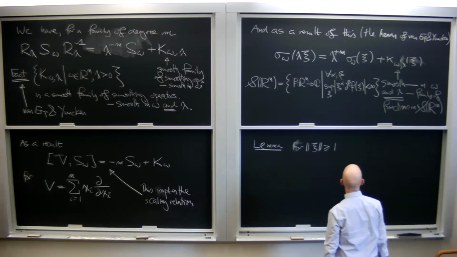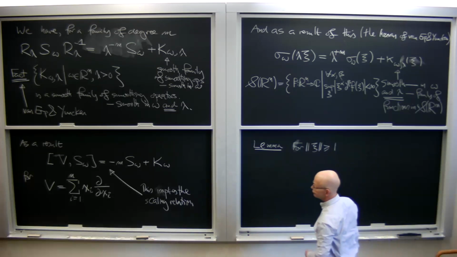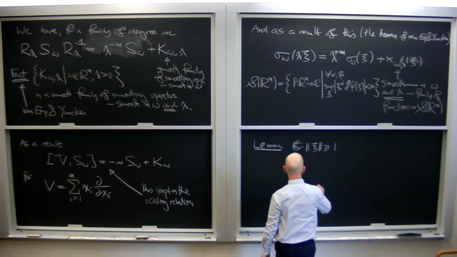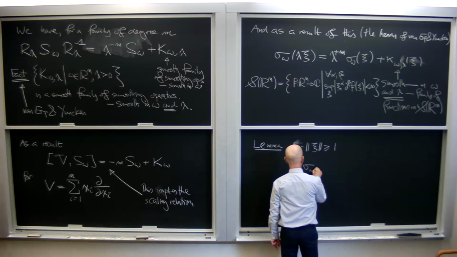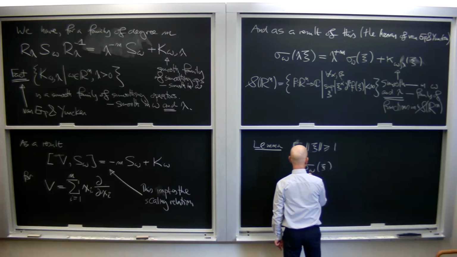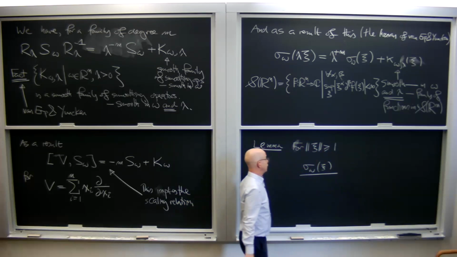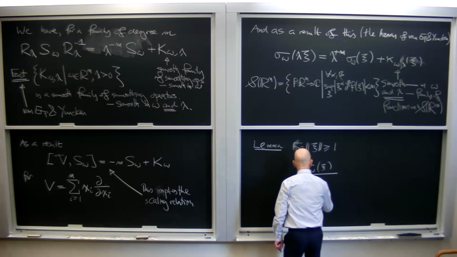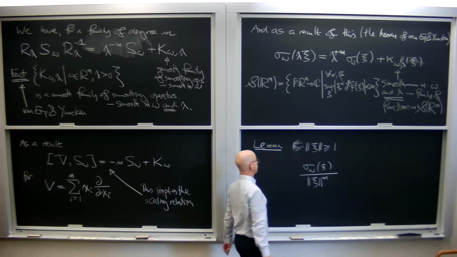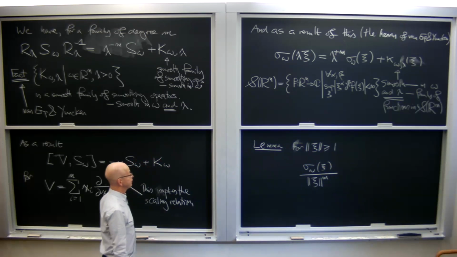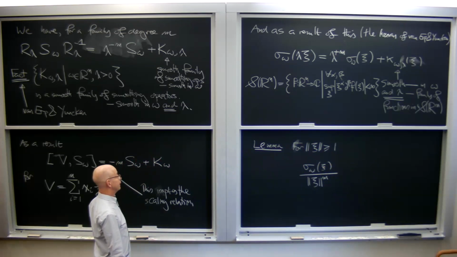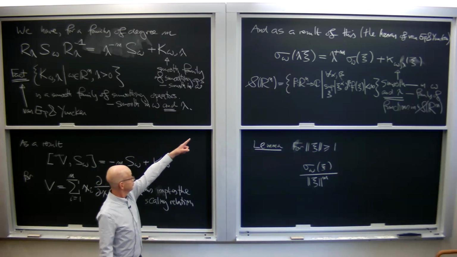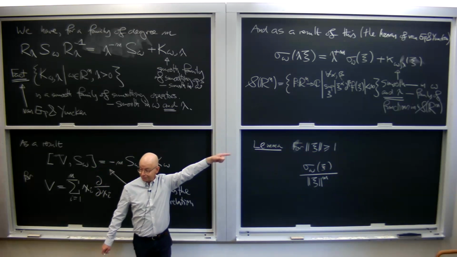I want to look at the sigmas that we have defined on the left-hand board, and I want to ask how big are they compared to this homogeneous function. So psi to the m is a function which has this homogeneity that you see on the top.